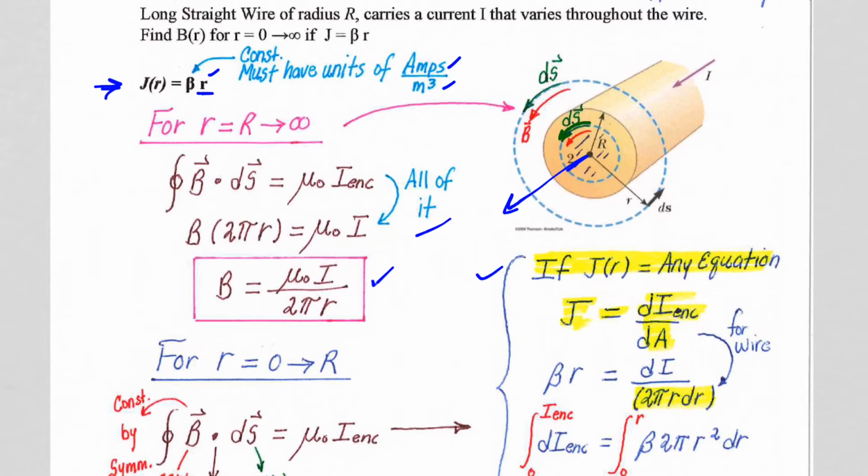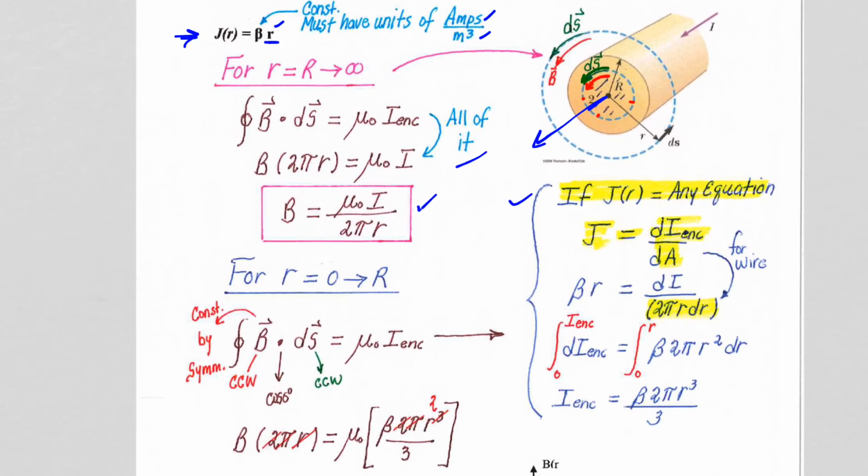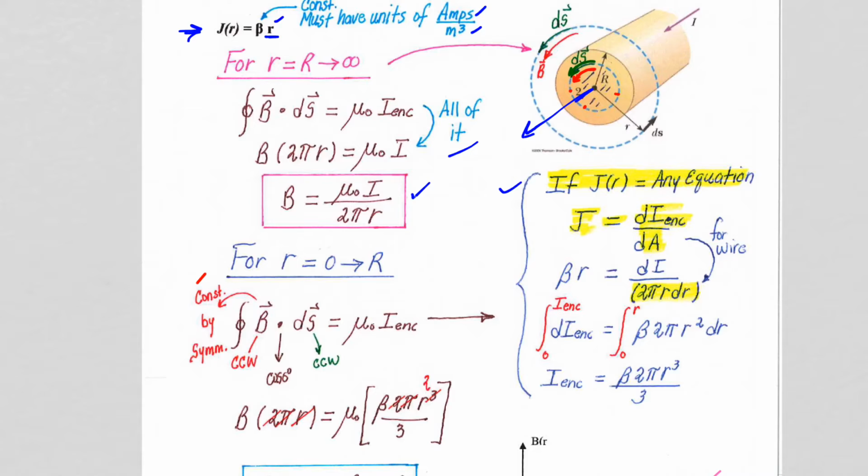The current's coming out of the page, so the B field is going to run counterclockwise as well. By symmetry, there's no reason to expect the B field should be different anywhere on the Amperian loop. The B field comes out, so our left-hand side of the equation really remains the same in all of these calculations. So we get B times 2 pi r on the left-hand side.